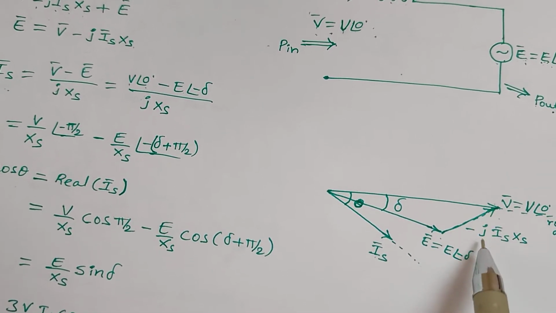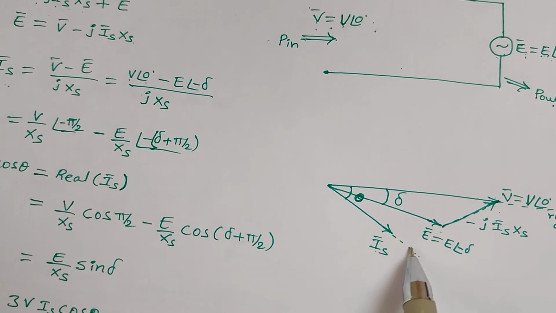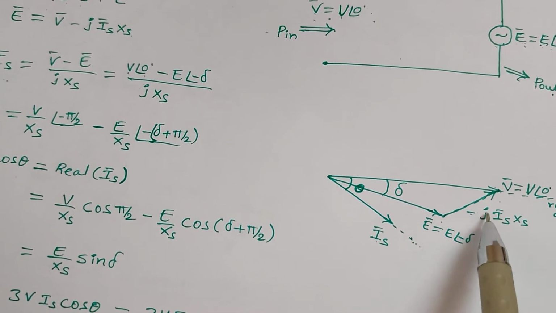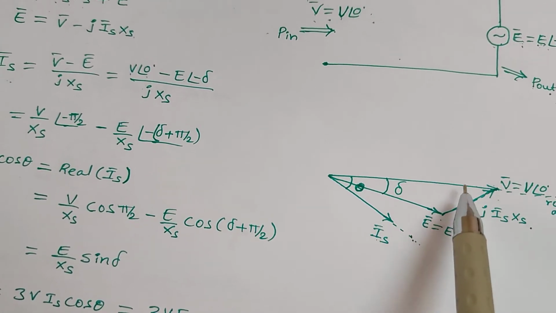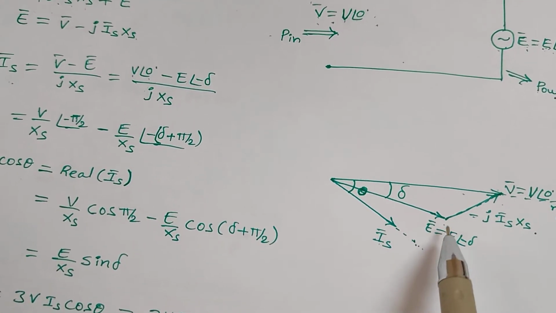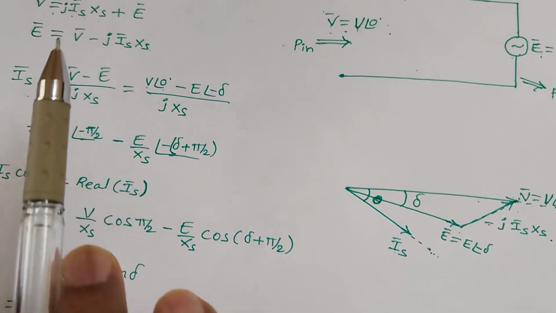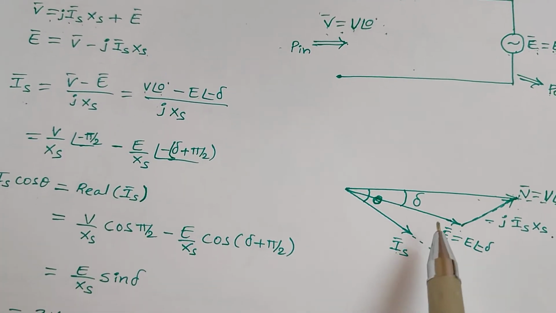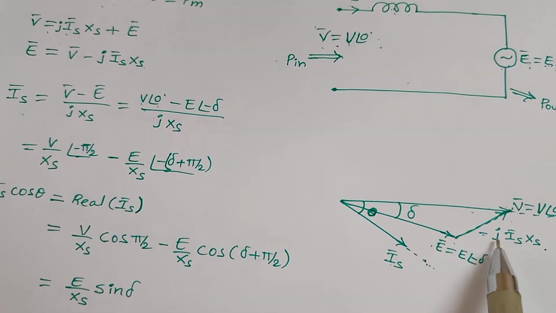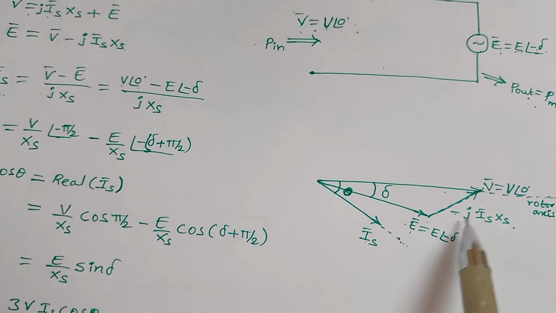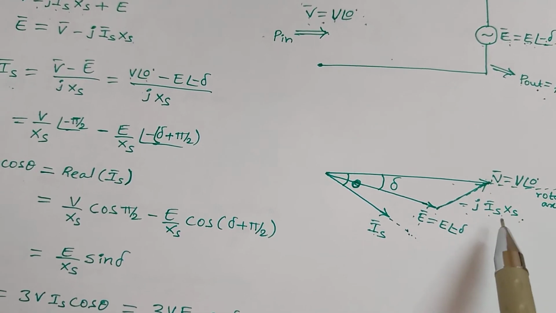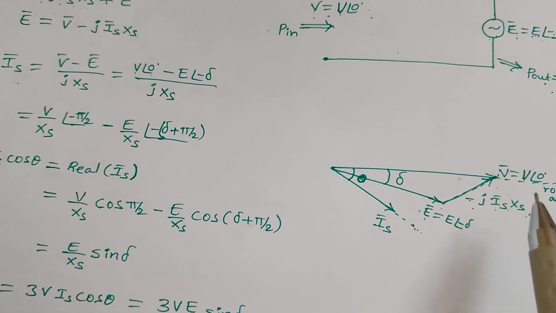You will get it from the perpendicular to that IS current, minus J into IS XS. So V is equal to E plus J into IS XS, or E is equal to V minus J into IS XS. So that is the phasor.